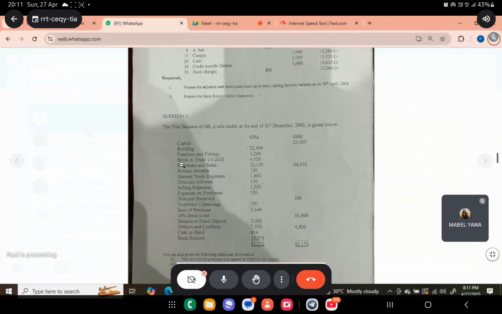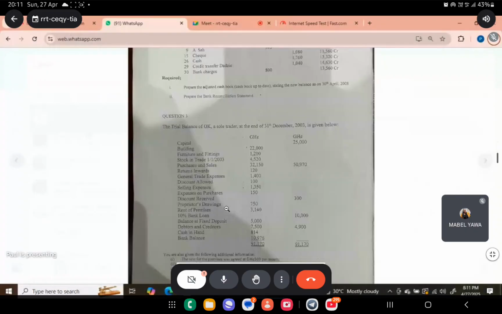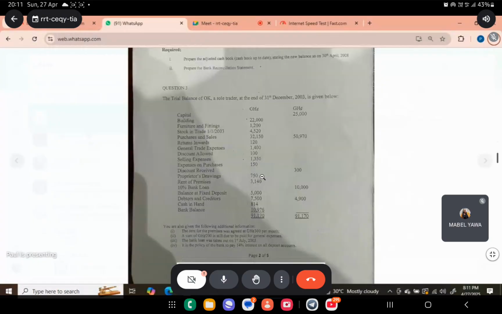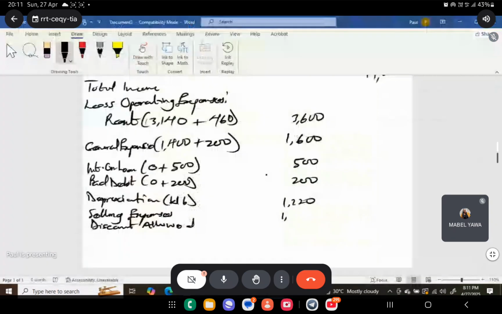So we bring them: selling expenses and discounts allowed. So selling expenses was 1,300 and discount allowed was 100. When we are done, we add everything.